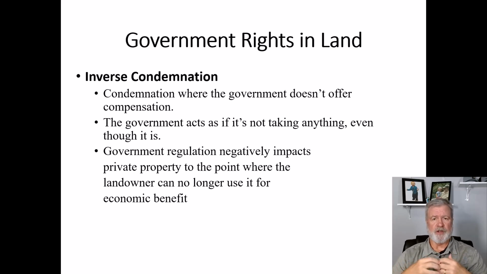They're not compensating you in any way because, again, they're not taking your property. But because of some action taken by the government, it has a negative impact on your property. Maybe it impacts the way you can use the property, or it impacts the economic benefit or use of the property.